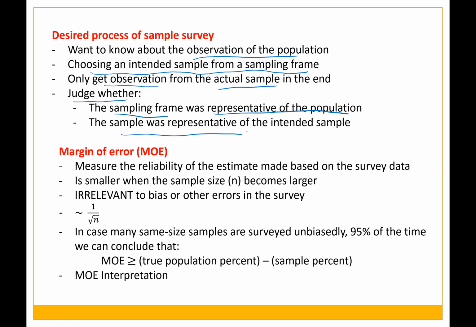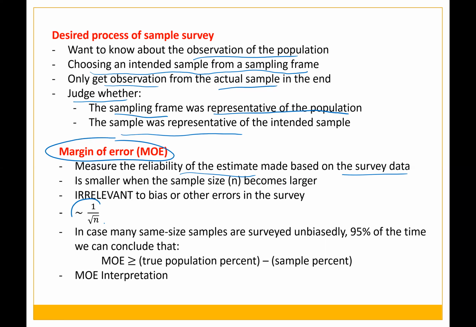Then we have the concept of margin of error. This is the heart of this lesson, where we try to see how reliable our data is. The margin of error measures the reliability of the estimate made from the survey data, and it gets smaller when the sample size gets larger.